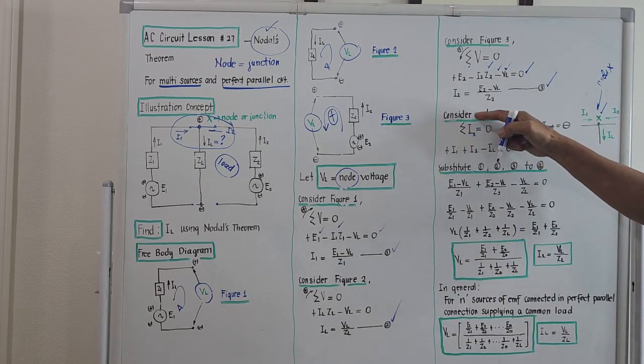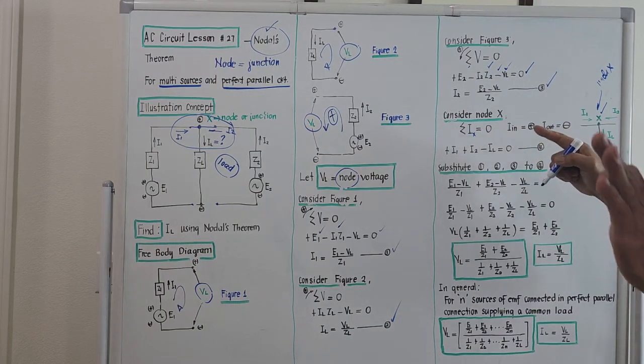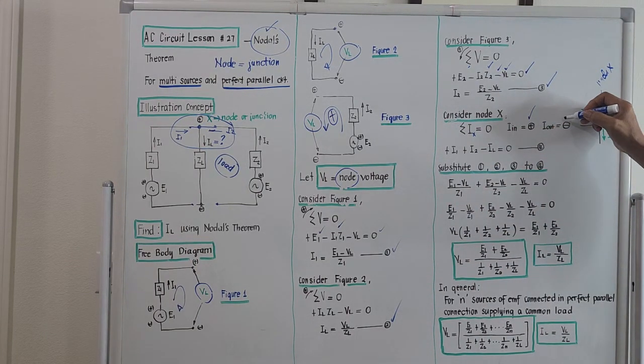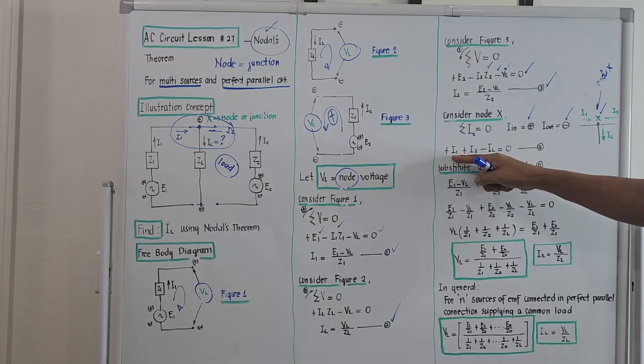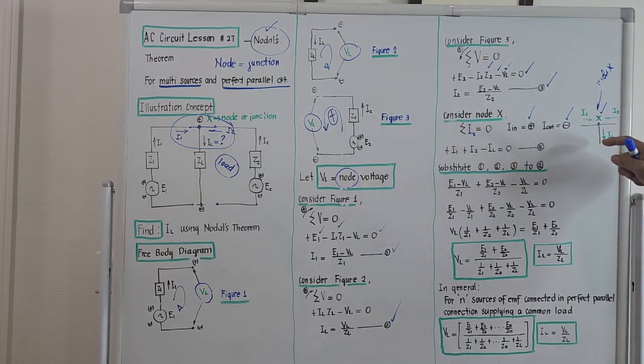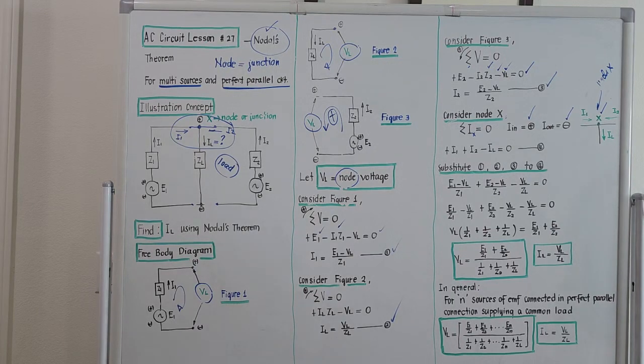The summation of the current at junction X should be equal to 0. Current going in is plus and current going out is minus. So plus I1, plus I2, minus I sub L, and this should be equal to 0. This is now our equation number 4.